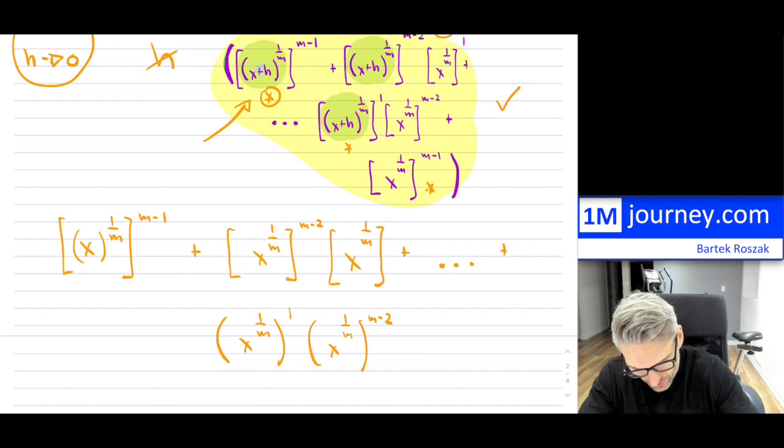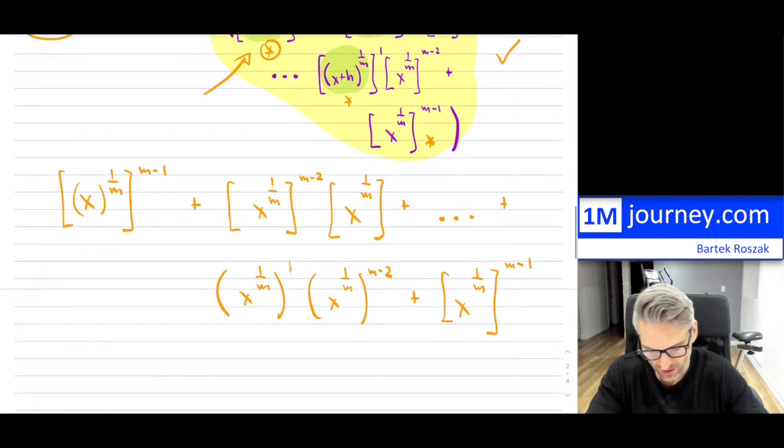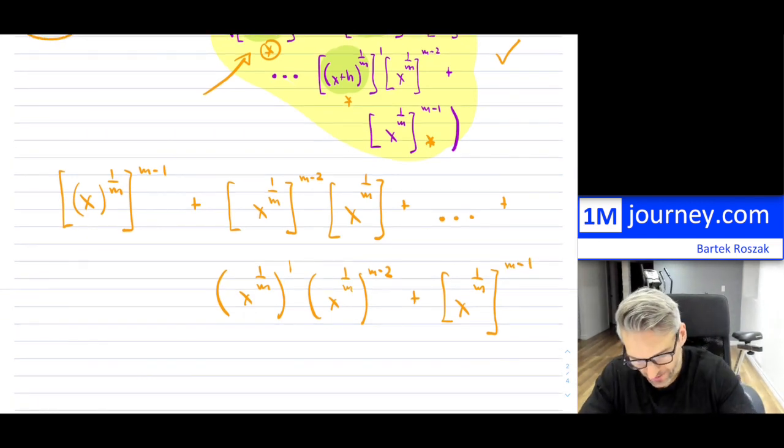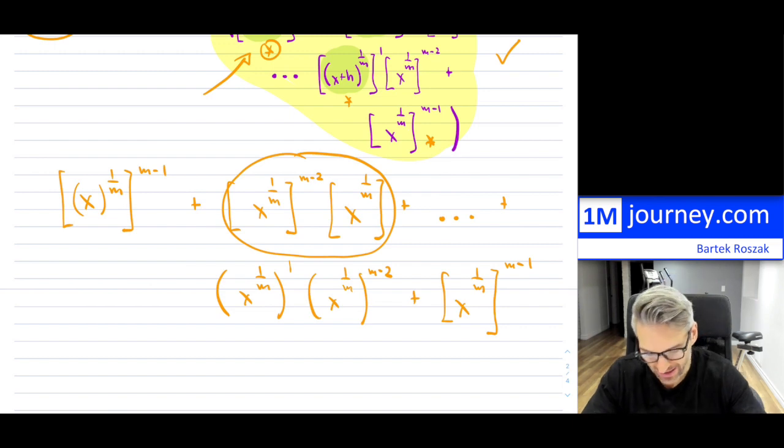And then the last term is going to be exactly x to the 1 over m, to the m minus 1. So it's a lot of massaging, but they have the same base of x to the 1 over m, so I can just add the exponents.